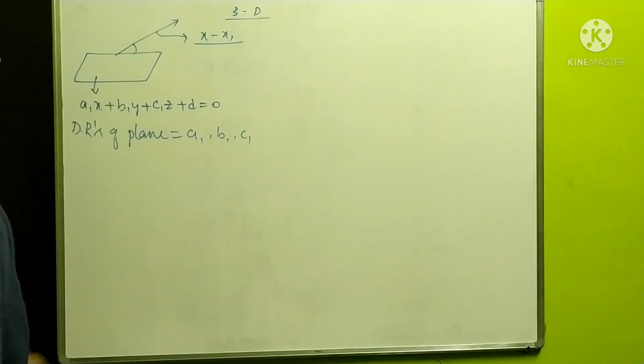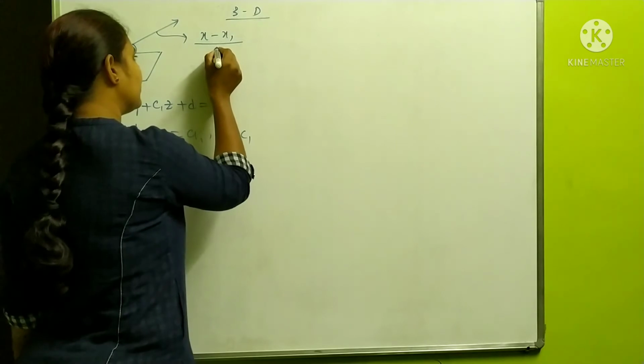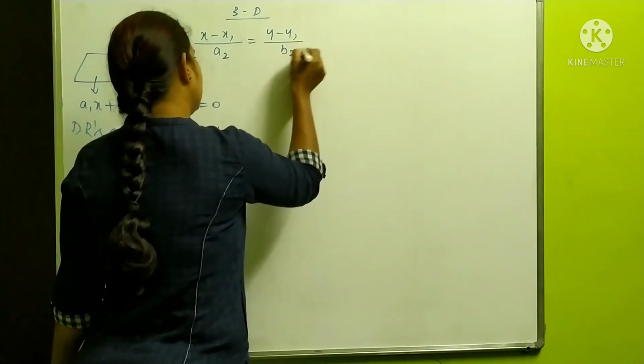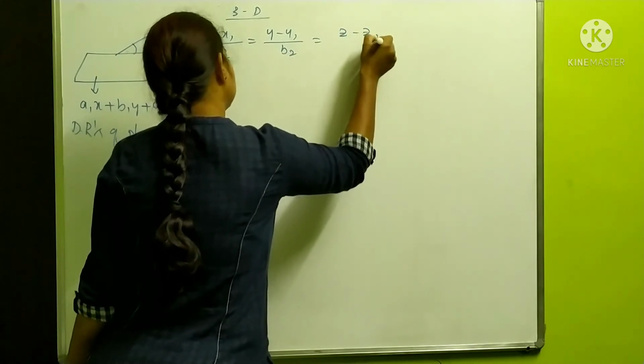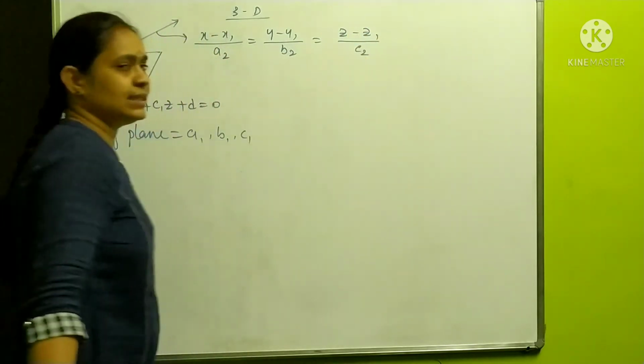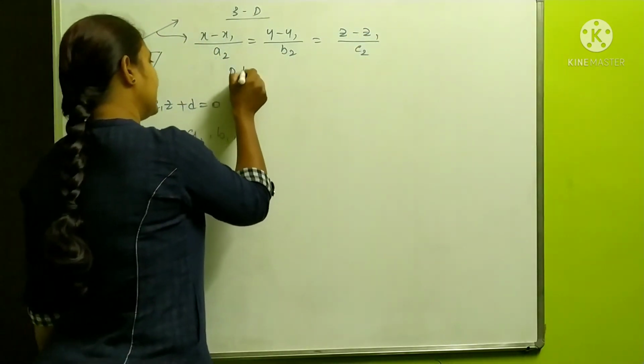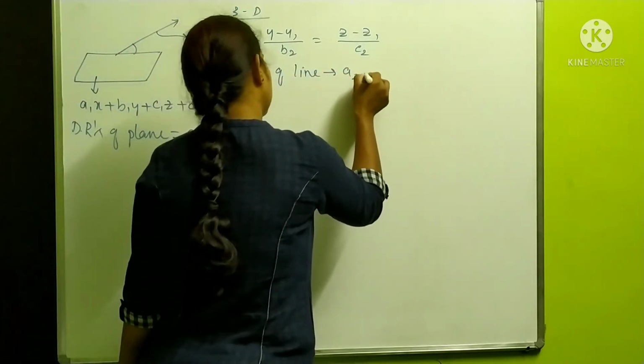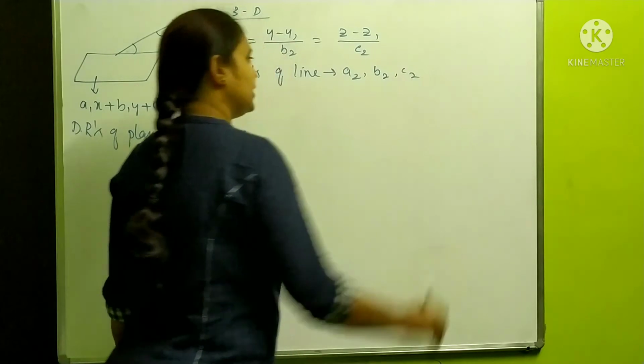Let me write the line equation. It is x minus x1 by a2, y minus y1 by b2 is equal to z minus z1 by c2, and direction ratios of the line are a2, b2, c2.